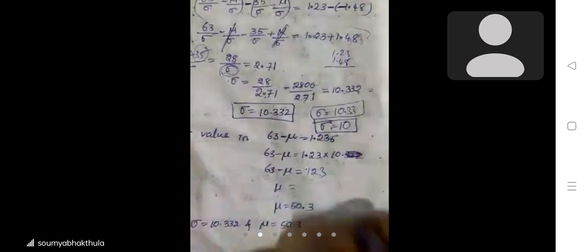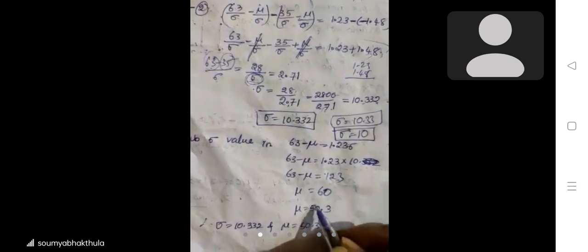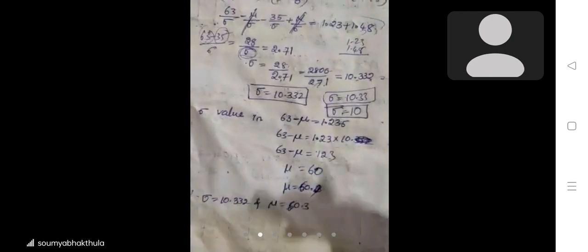Here I'm taking 10 as it is. This will be 123. So this will be 63 minus 123, that is minus 60. Like this you have to find mu and sigma.